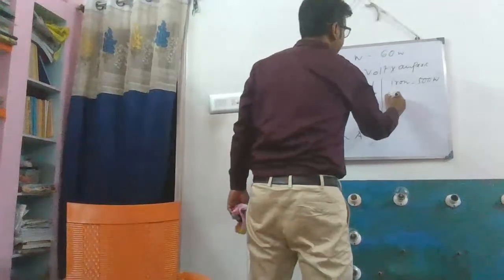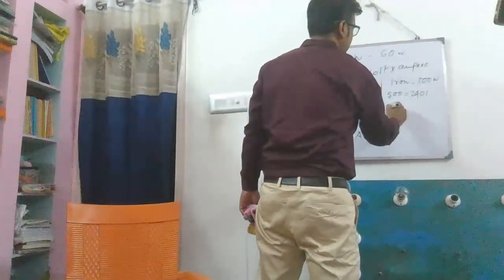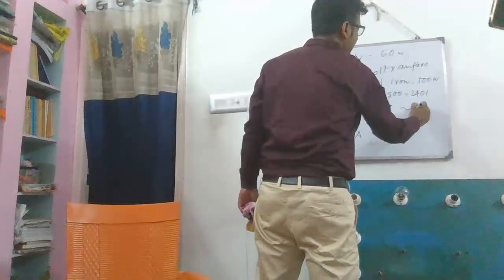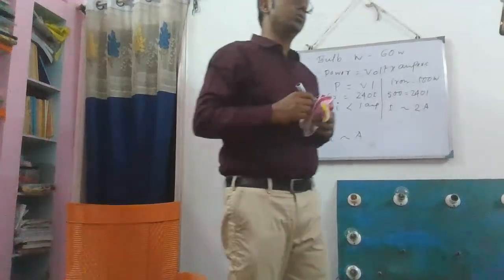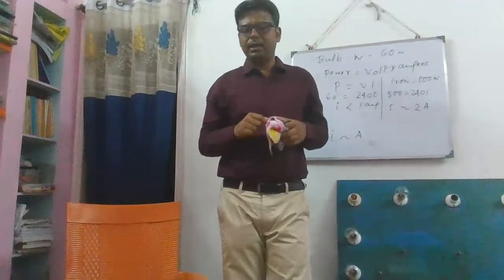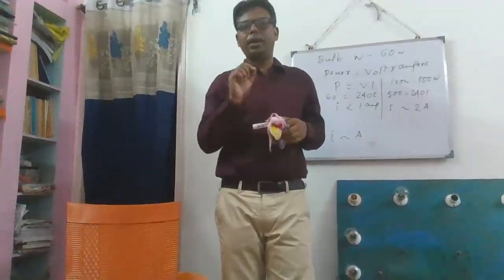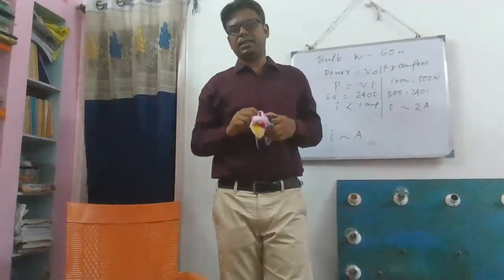So 500 equals 240 into I, so I is nearly 2 ampere. So we use a wire that can pass 2 ampere current. A moderate wire is necessary.